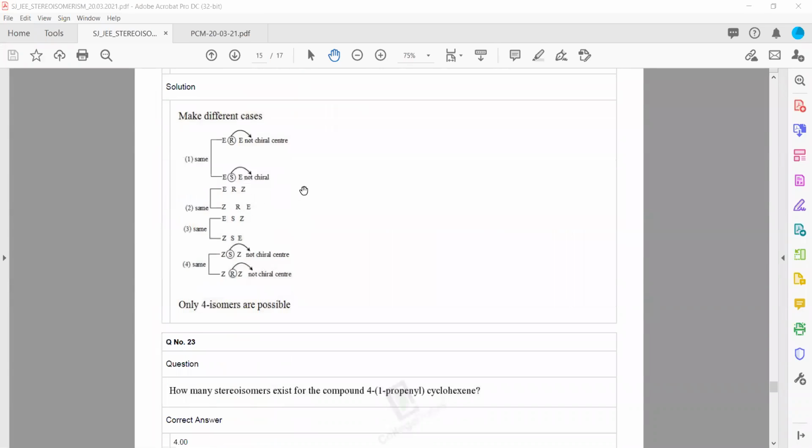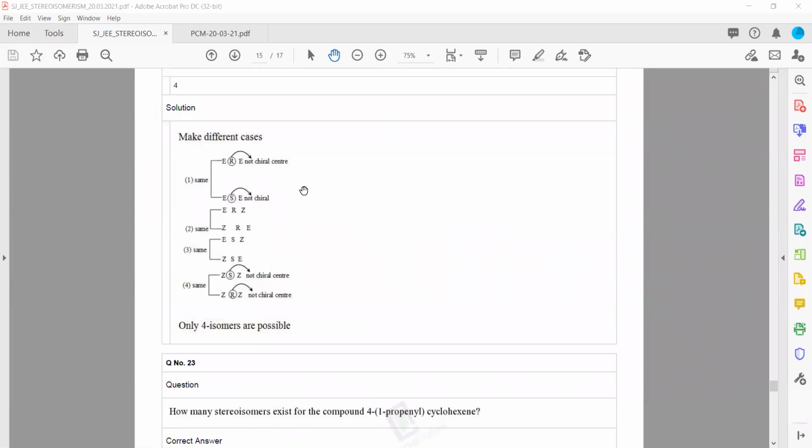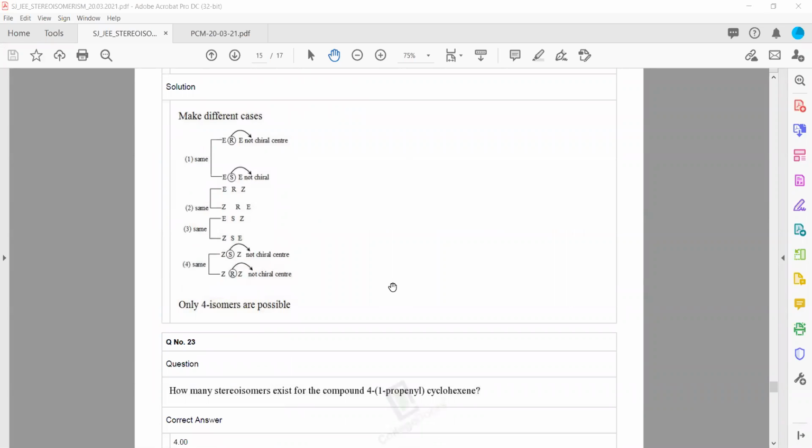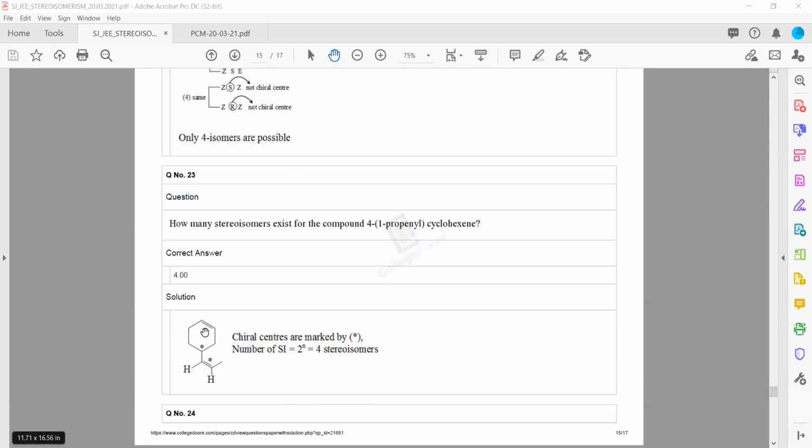How many stereoisomers exist for the compound 4-(1-propenyl)cyclohexene? Let's see the structure. This is cyclohexene. On its fourth carbon we have the propenyl substituent. Now the chiral center is this one. This is a geometric center. What can you comment on this? Nothing.